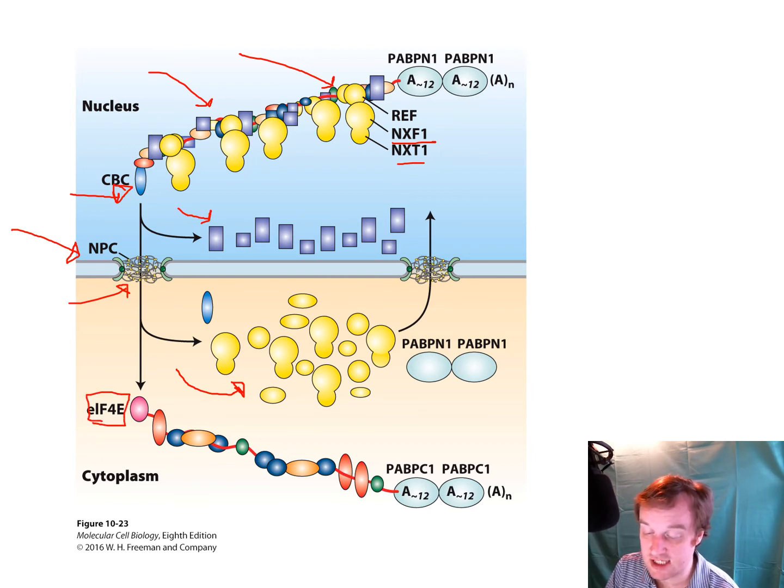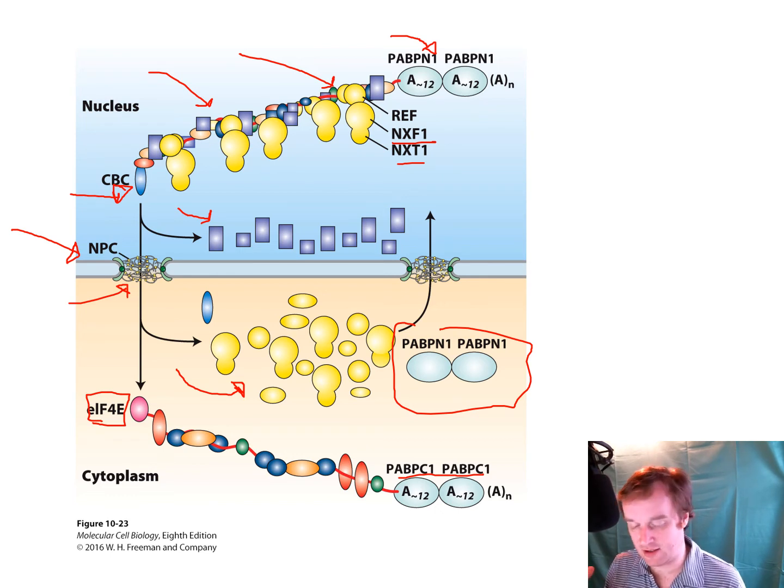Similarly, in the nucleus, there are these proteins that bind to the poly A tail, which is PABPN1. But once in the cytoplasm, that is released, as you can see here, and PABPC1 replaces it. So there's a swap that is cytoplasm or nucleus specific.